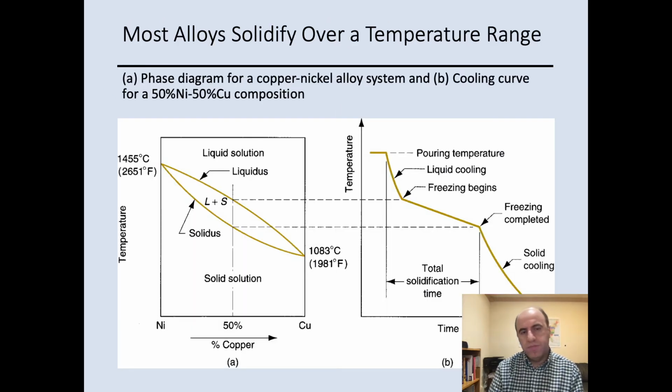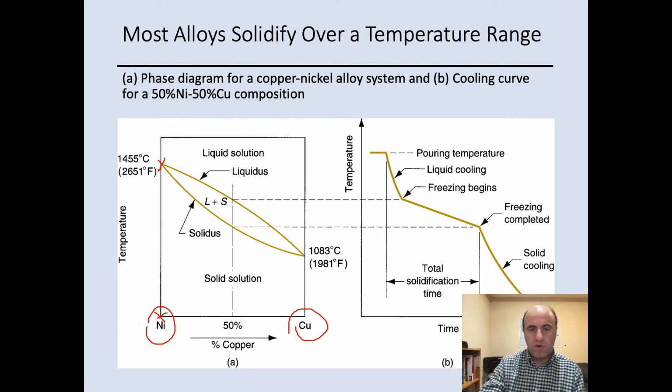In most casting processes, we are working with alloys. And as you know, an alloy is a combination of several elements. Here we have one alloy of nickel with copper, and it shows that if you have pure nickel, the temperature for melting or solidification is here at this point.